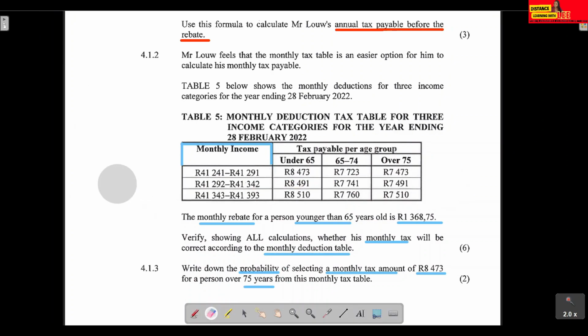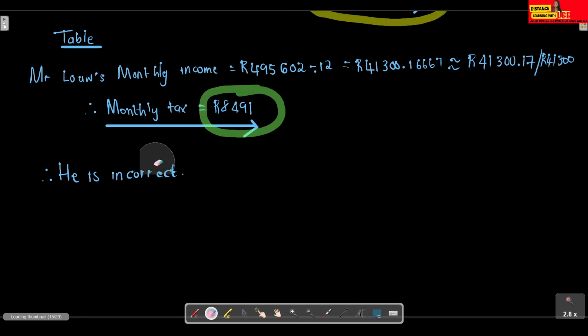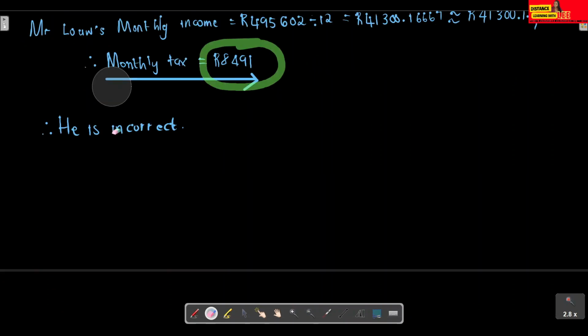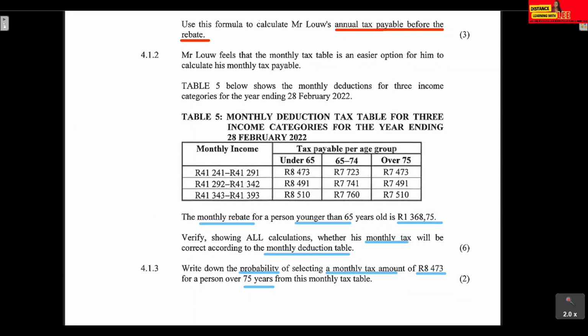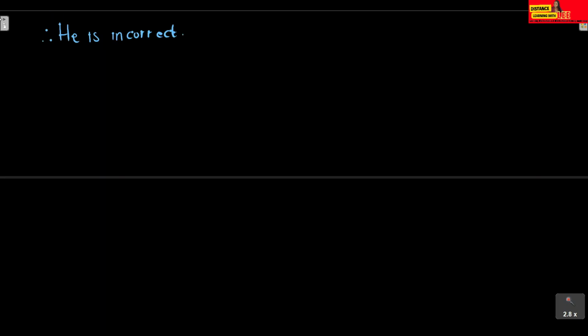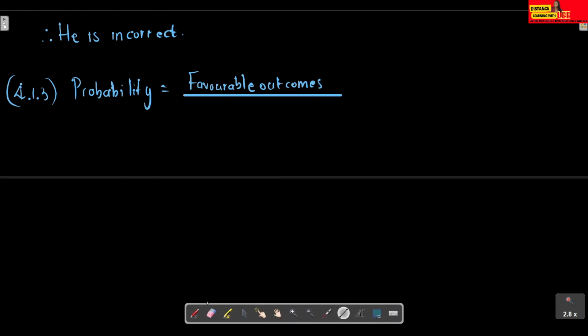But before I dive into that, let's write down the formula of probability. I will keep saying this over and over again for new people that have just come across the channel. What is probability? Probability is equal to your favorable outcomes divided by total outcomes.